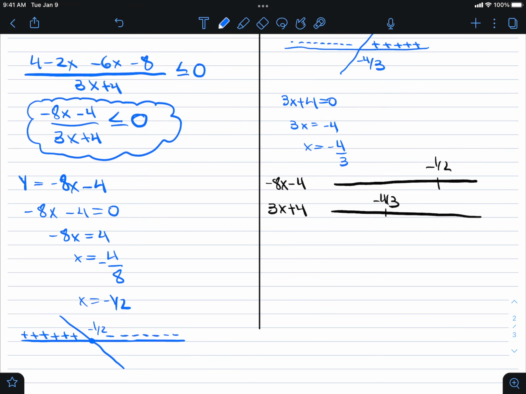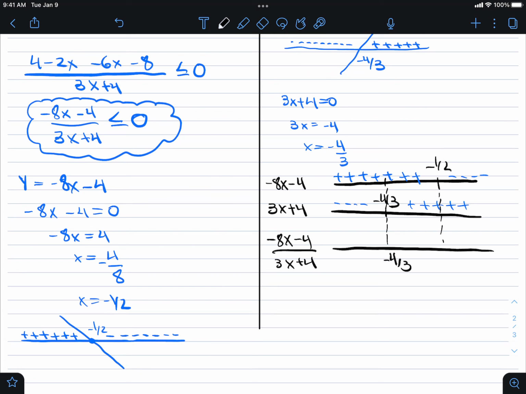I put my signs in there. So I have pluses in here, negatives in here, and then negatives in here, pluses in here. And then I think of the result. Again, I repeat my numbers, and then I start reasoning about the signs of each of those.